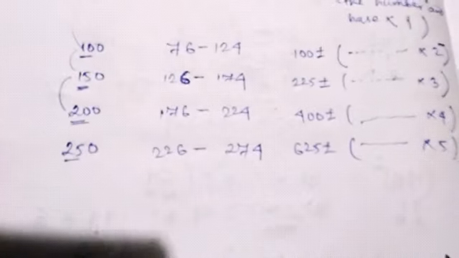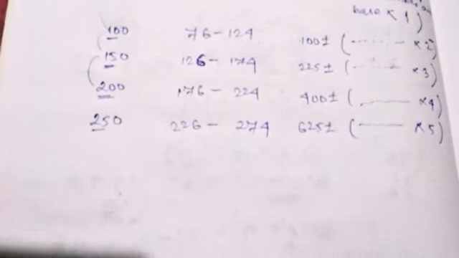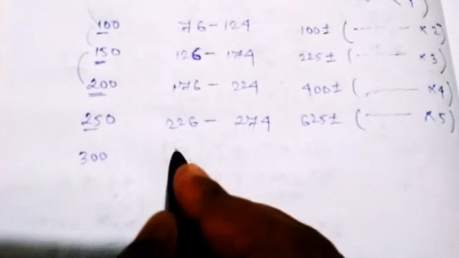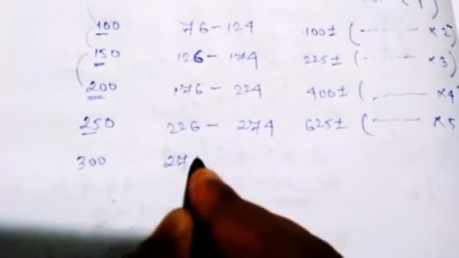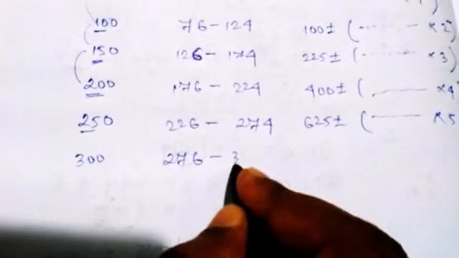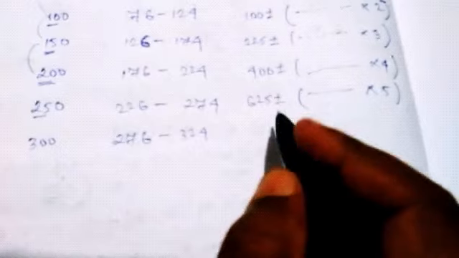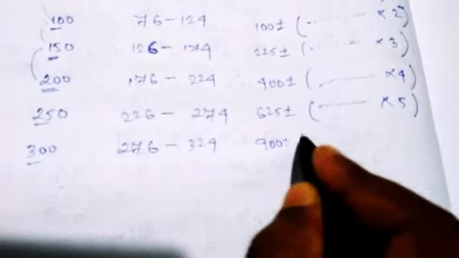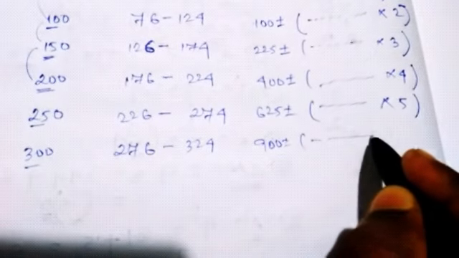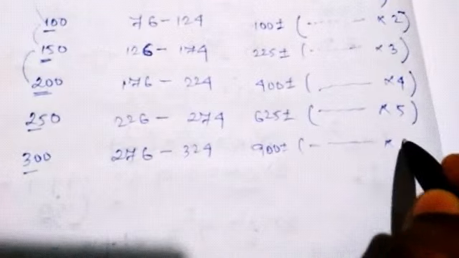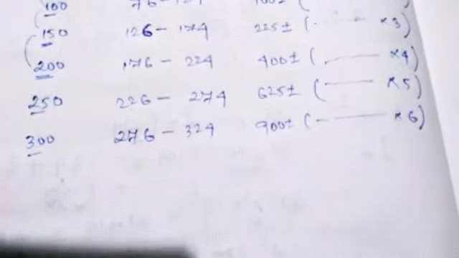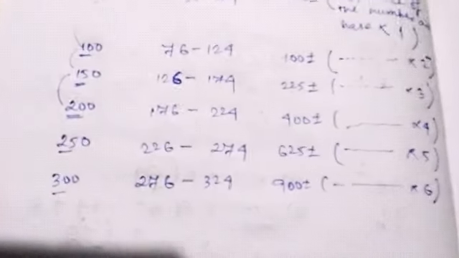And in the same way, the next base will be 300 and the range will be 276 to 324, and it will be 30 square, that is 900, plus minus the difference between the base and the number into 6. And it will go on the same way. Okay, this is a basic rule.